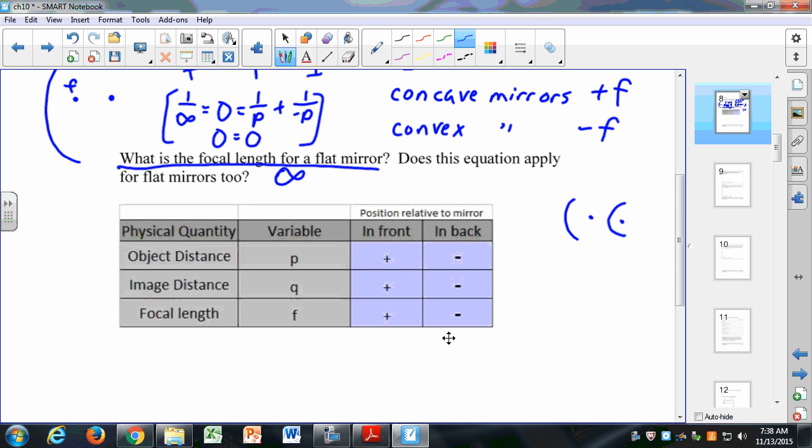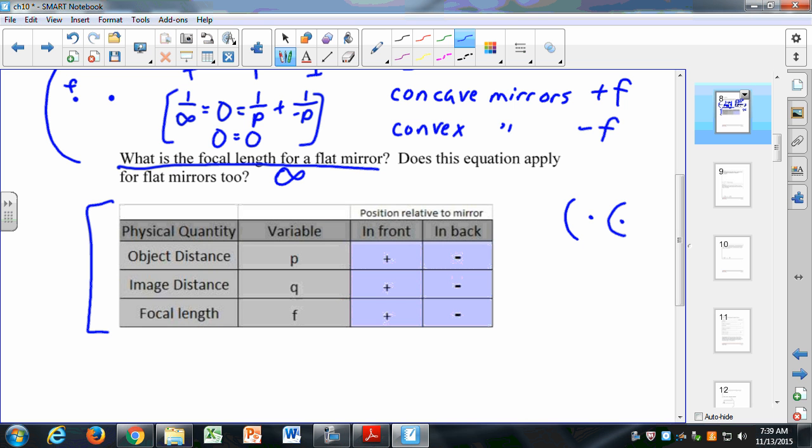With this chapter, guys, the problems that students often have is with the signs of the quantities that we're using. So I have a little chart here, and we'll refer back to this, but that tells you whether the variable is positive or negative. For example, our object distance, if our object is in front of the mirror, which is usually the case, again, when we get to two lens systems, I'll show you where that's not the case.